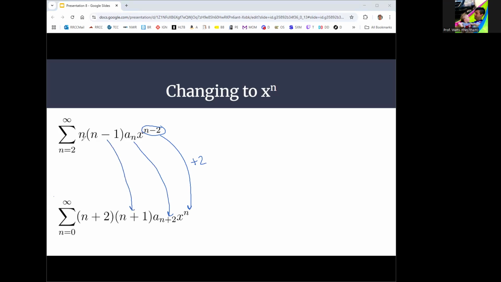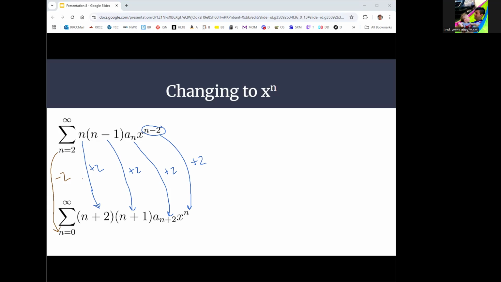These are all plus 2's, right? So plus 2 to that subscript, plus 2 to the n minus 1, plus 2 to the n. And then to balance that out, we do the opposite to the starting index. In that case, the opposite of adding 2 is subtracting 2.